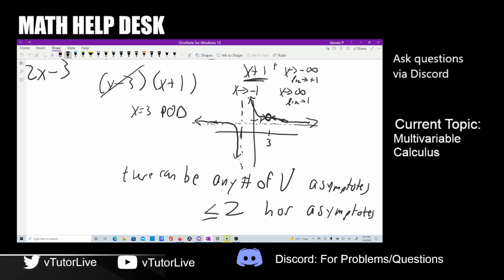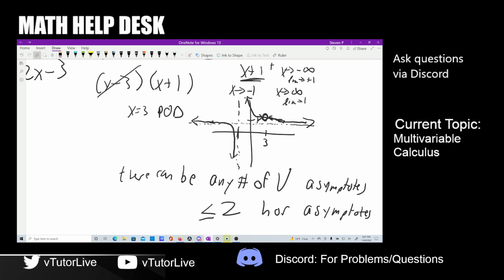It's been a while since I've thought about this, but I think you can get one asymptote going to negative infinity and potentially another going to positive infinity. So I think you can only have at most 2 horizontal asymptotes, right? Am I making sense here? Yeah. I think so, because you could really only approach negative infinity and positive infinity.